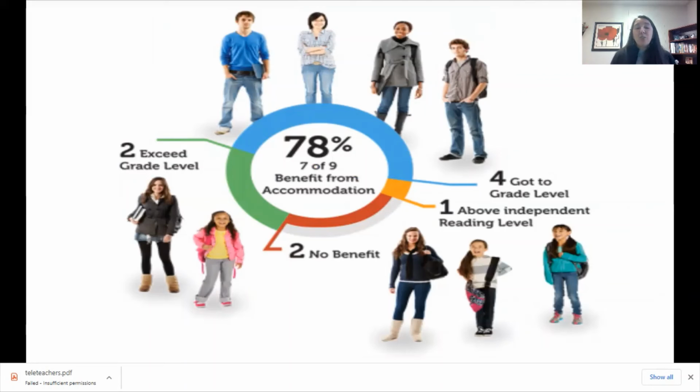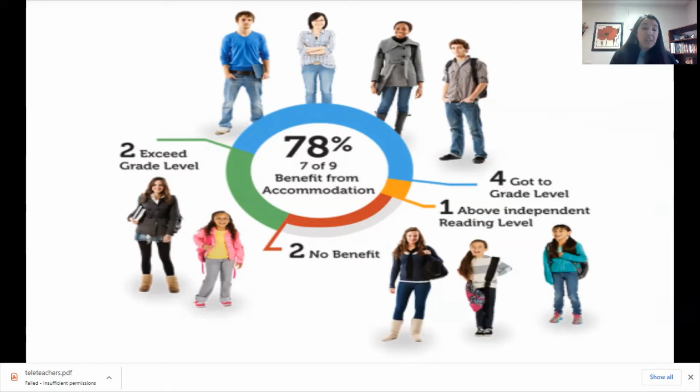And so you can see out of those 9 students that were assessed with this UPAR, 2 of those students actually were able to exceed their grade level, their reading grade level, with the use of the accommodations of the auditory supports, so the text being read to them.